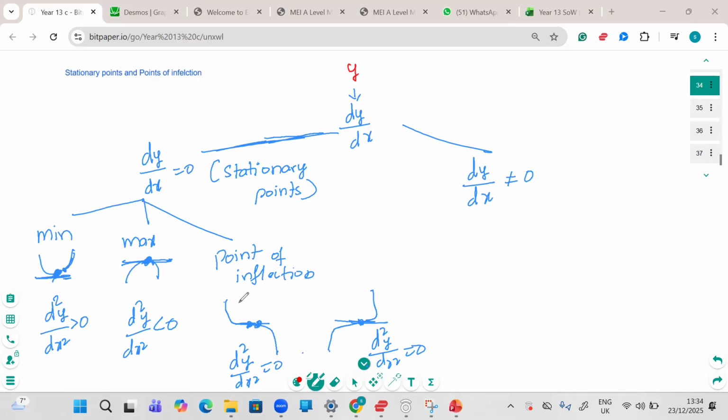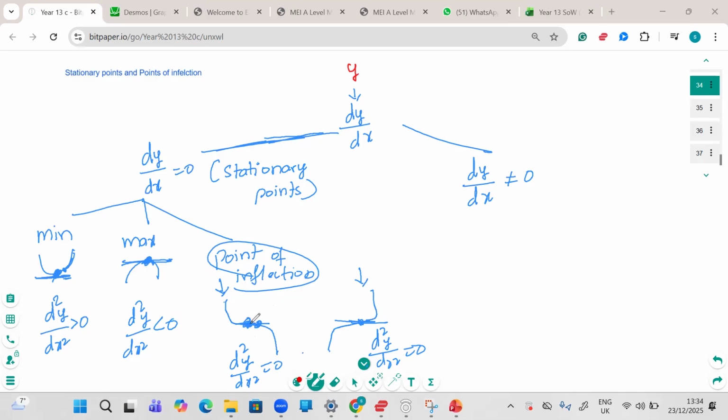But in order to know if the point of inflection is such that the curve is like this or like this, there are two ways. Either you find the third derivative and find the behavior of the curve at that point, or you take a point just before.